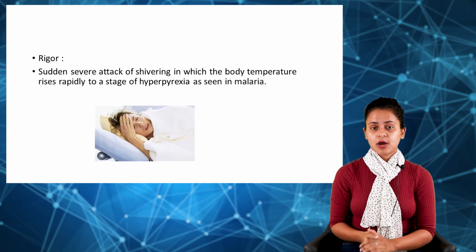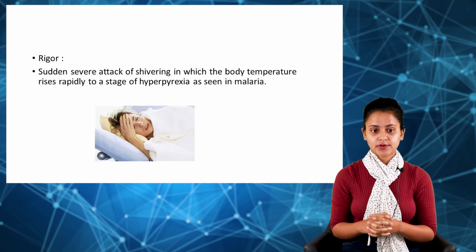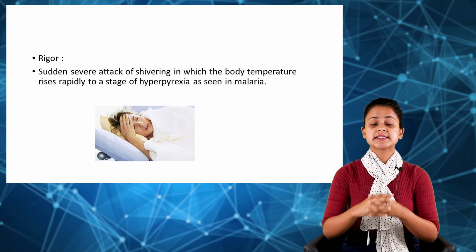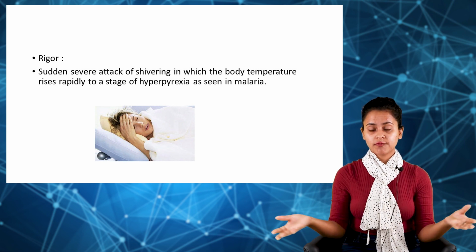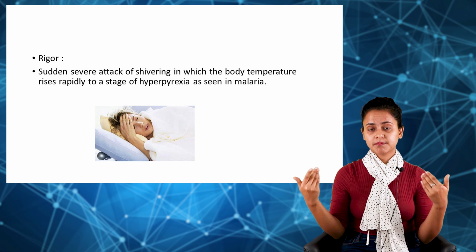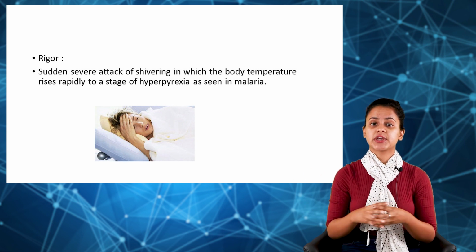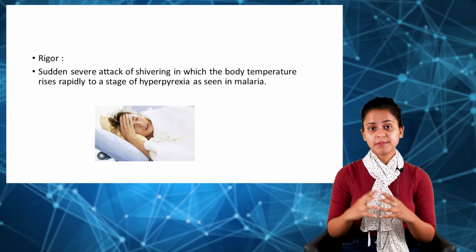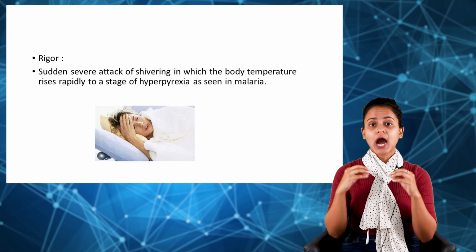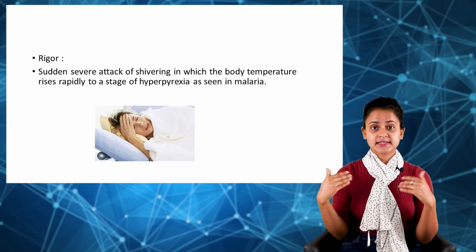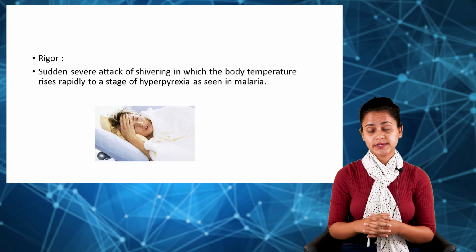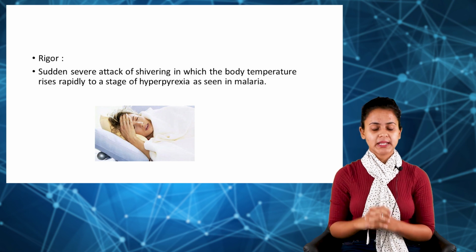Next, we are going to learn about rigor. Here we see a sudden severe attack of shivering, in which the body temperature rises rapidly to a stage of hyperpyrexia, as is often associated with the condition of malaria.